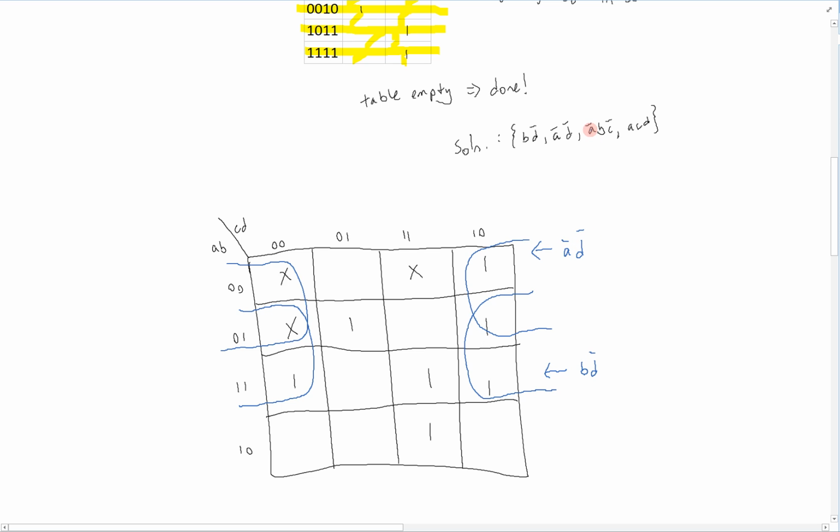And we're going to have a bar b c bar, which is here. And finally, we have a c d.